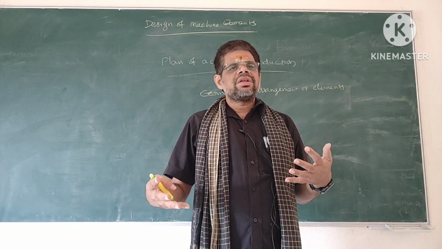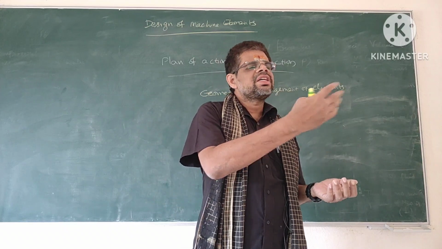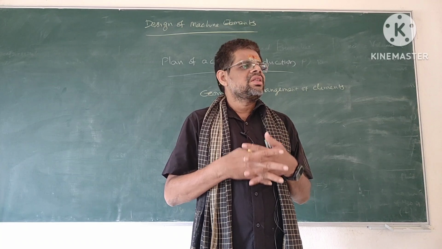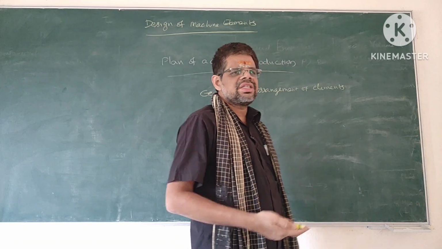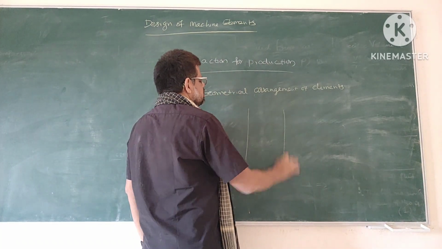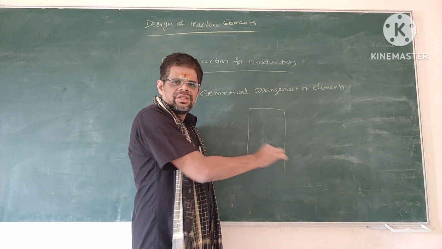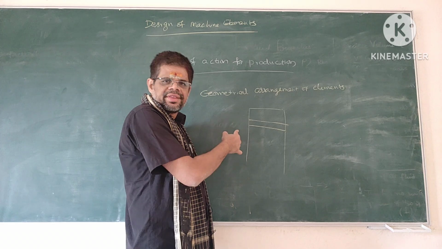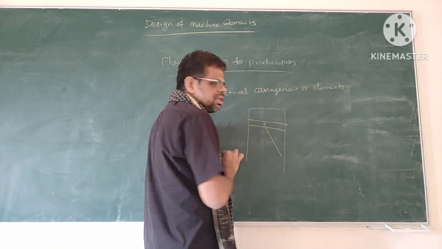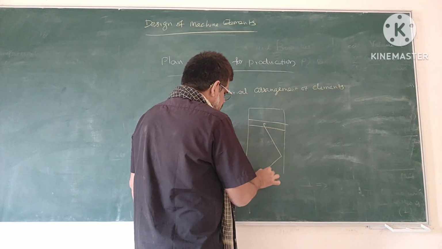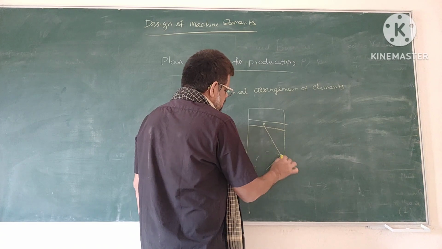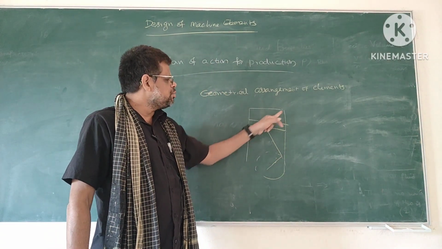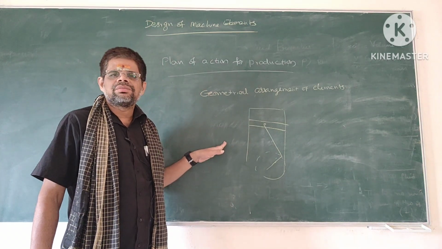So which element has to be connected to which? What are the two elements to be connected for achieving the desired motion? For example, if you take an IC engine, this is the cylinder, one element, and inside there is a piston, another element, this is the connecting rod, another element, and this is the crank, another element. So how many elements are there? 1, 2, 3, 4. There are 4 elements, for example.